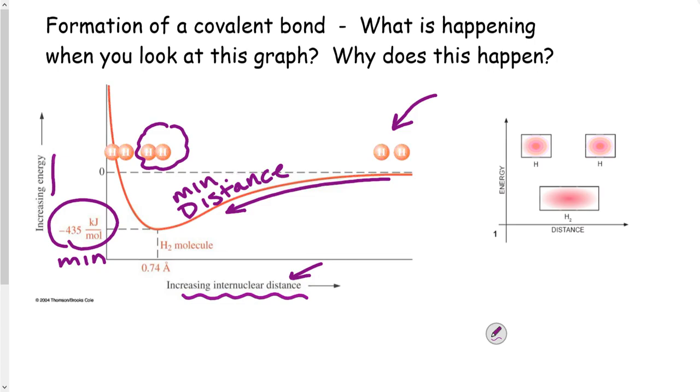As you continue along, you will notice that if the two atoms become too close together, then the bond formation is cramped and it's not considered a stable bond. So we're looking for that minimum distance and minimum energy.